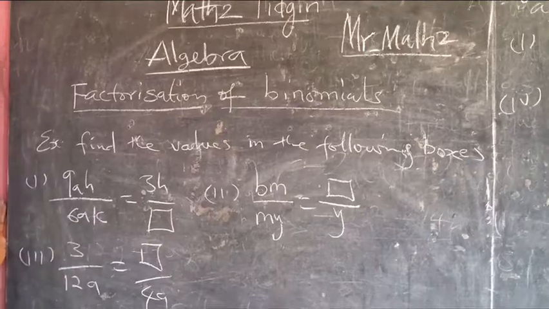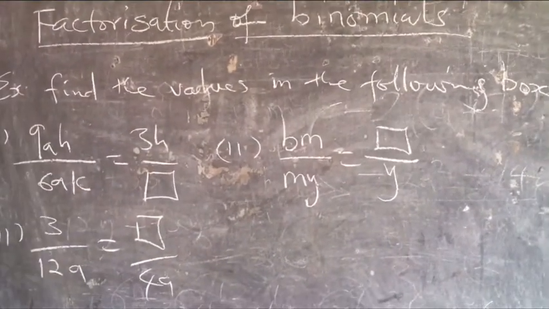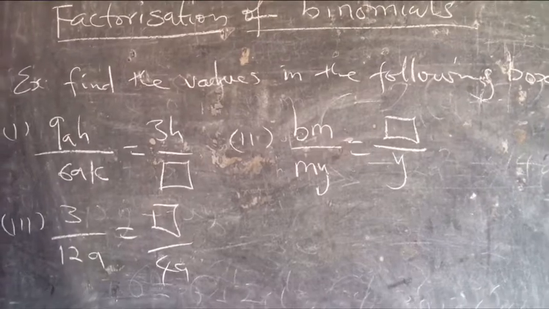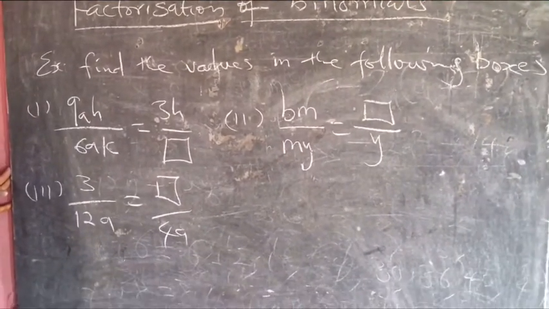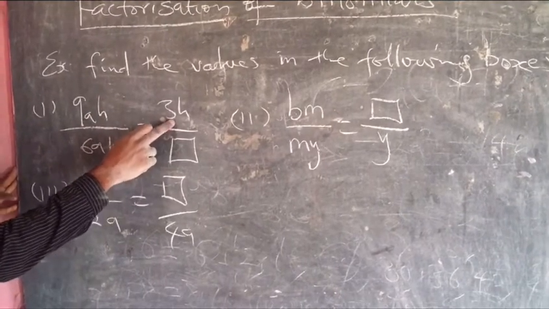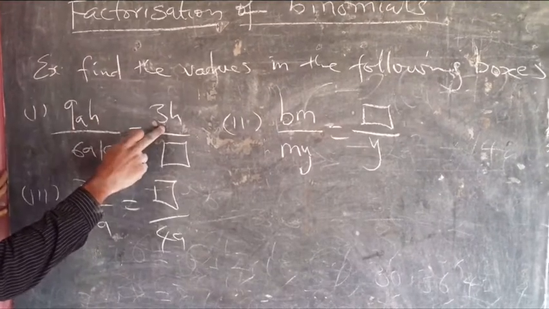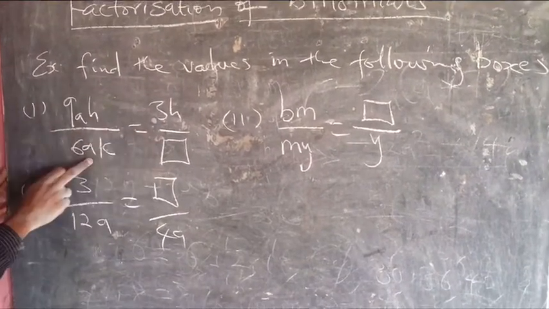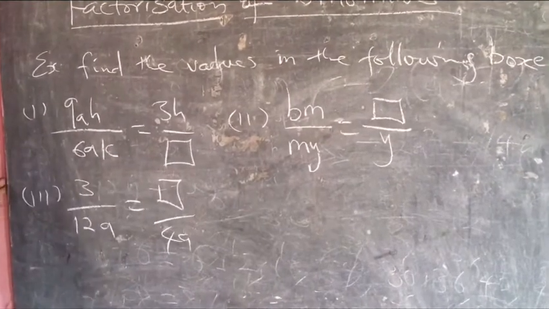So we'll do this one. Find the values in the following boxes. So we have this one. Now what we will do is you take this one, you use this one, divide this one. Then the answer you get, you multiply it by this, you get what is in this box.